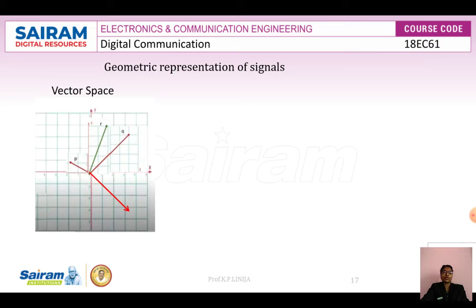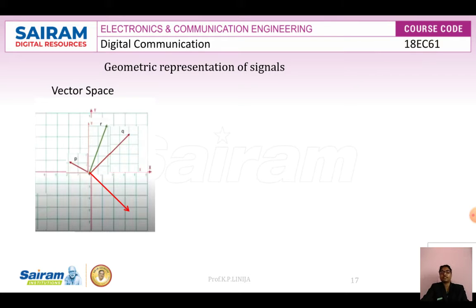So the resultant vector is R, and if you multiply the vector q by minus 1, we get the G vector. All four vectors are confined to a 2D space, right?